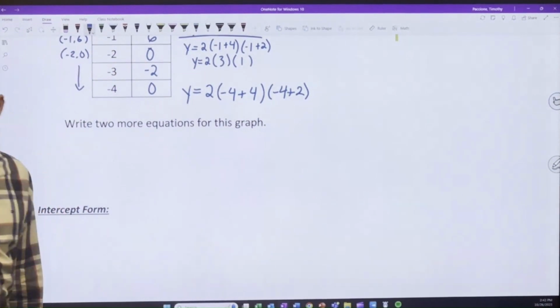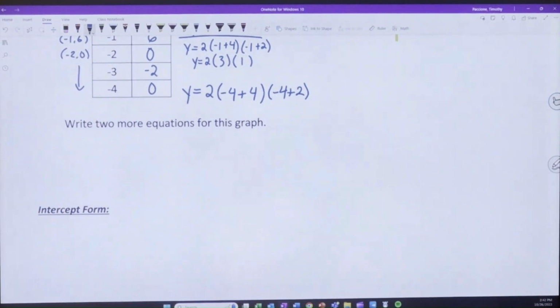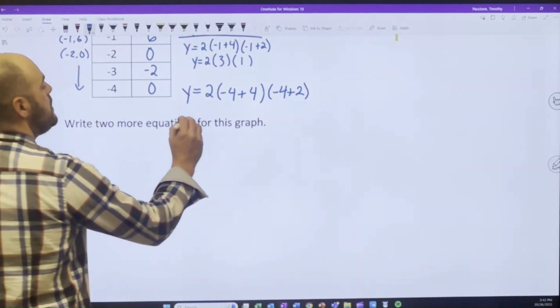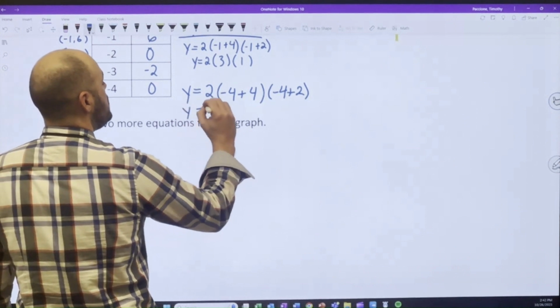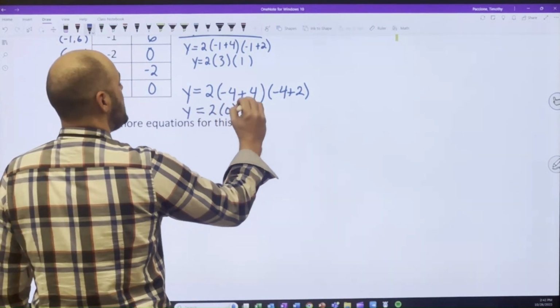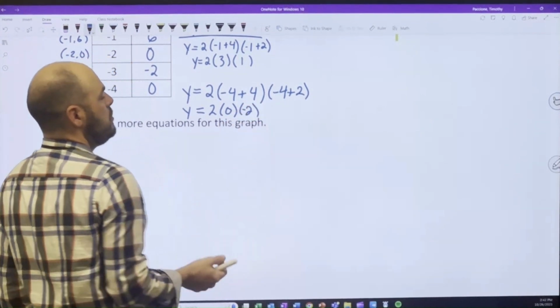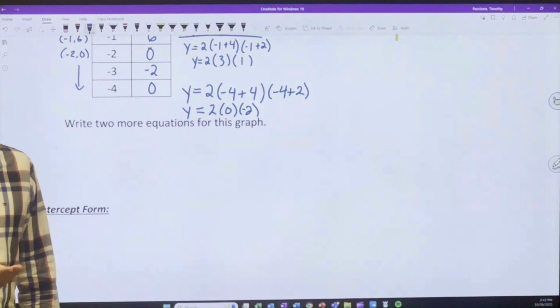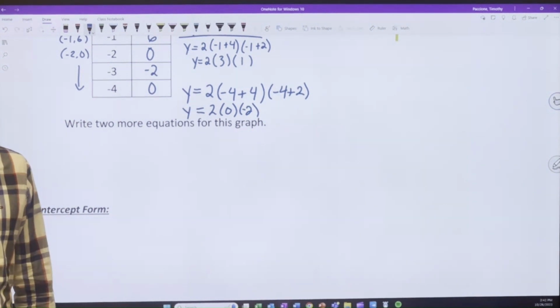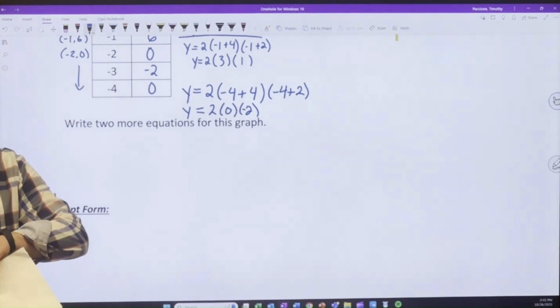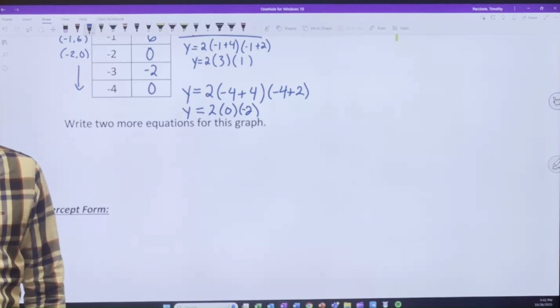Right? 0 and -2. 2 times 0 is 0. 0 times -2 is 0. And that's why it's 0.